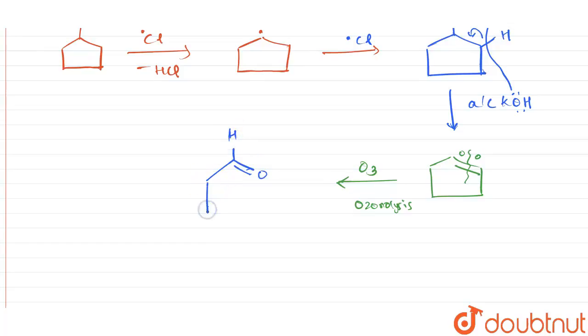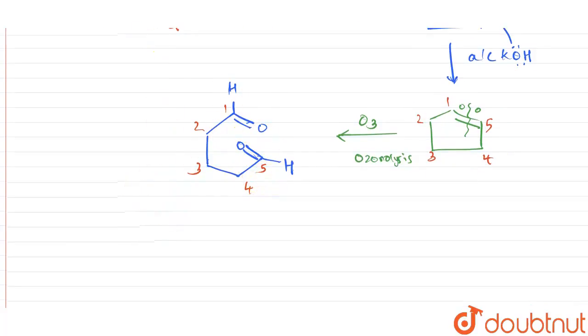Then we have 2, 3, 4 and this double bond is like this. And if you count the carbon atoms, it should be 5 carbon atoms. So we can count it 1, 2, 3, 4 and 5. Because here also we had 5 carbon atoms, 1, 2, 3 and 4 and 5, right? So 5 carbon atoms we have successfully drawn.